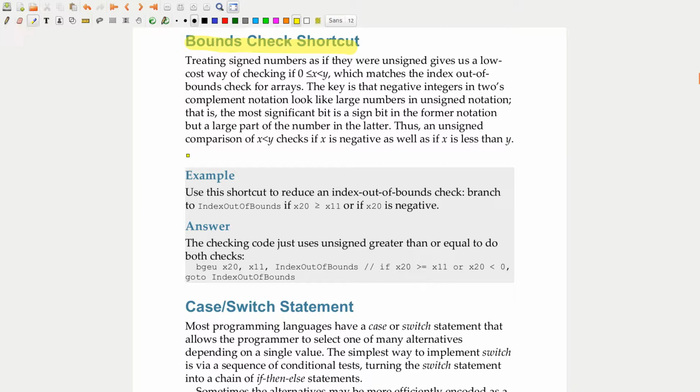We know this to be true because 1, 1, 1 in signed notation is equal to -1 in decimal, base 10, this is base 2, while 0, 0, 1 in base 2 is equal to 1 in base 10. So that's what they mean by negative numbers look like very large numbers.